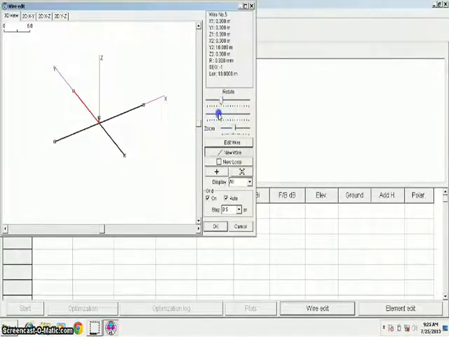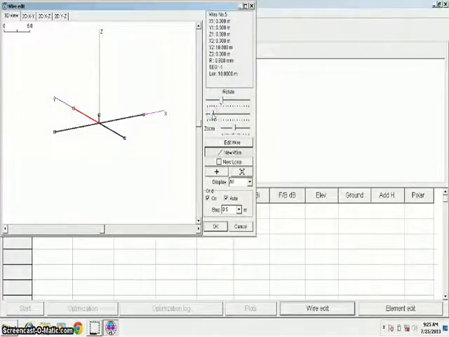If we zoom here, okay, you see here the shorter whip part at the top of four ground planes as replacement of car roof.